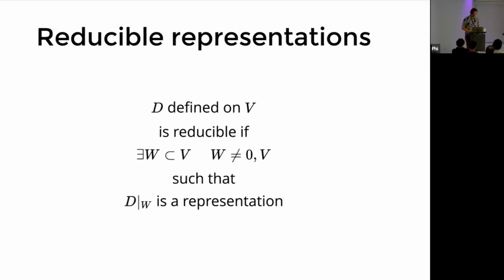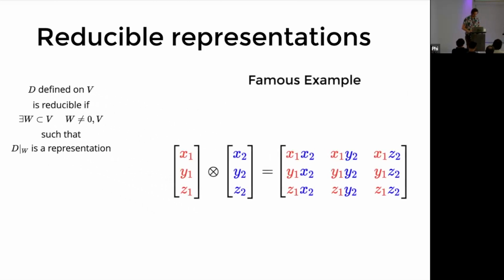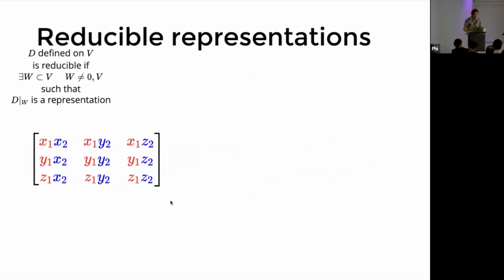And that's probably obscure, so let's look at an example. Let's take the example of the tensor product of two vectors. I'm still talking about rotation, so with two vectors, you know how they behave with respect to rotation. This 3x3 matrix actually contains subvector spaces that transform independently.